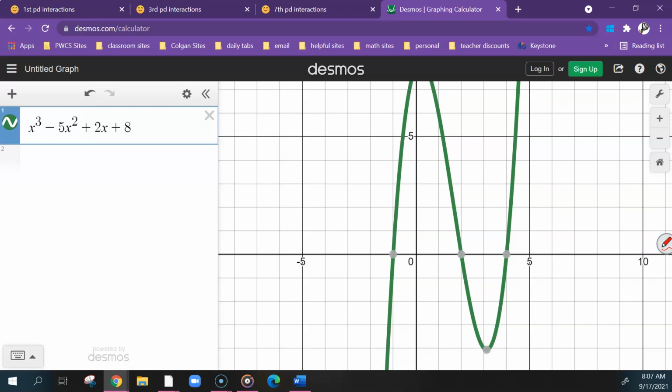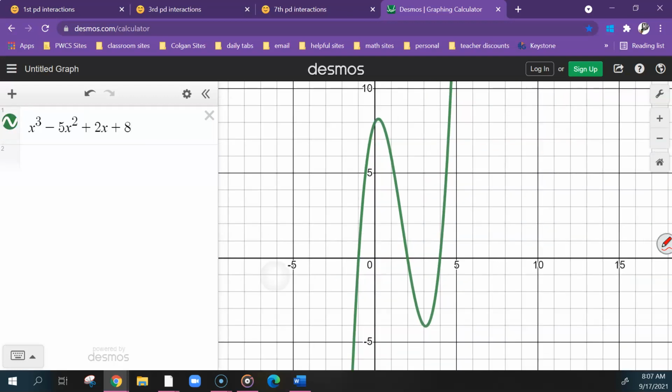So it's going to graph whatever mess you put in there, and if it lies on the x or y axis, you'll see points. So you can click on those points and see exactly what your x and y intercepts are without really doing too much work.